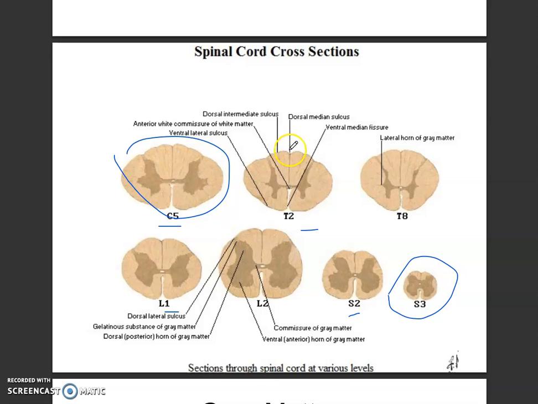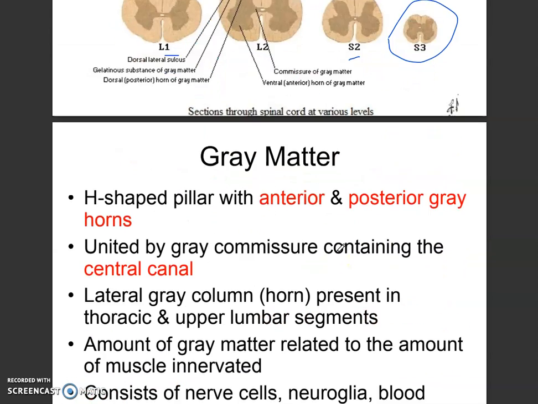There is a dorsal intermediate sulcus and also a median sulcus, and this indentation is called a sulcus. Okay, and there is a fissure present anteriorly. This is a big indentation, and this is the lateral horn of gray matter. These are two lateral horns, these are the posterior horns, these are the anterior horns. Okay, and we're going to move forward.